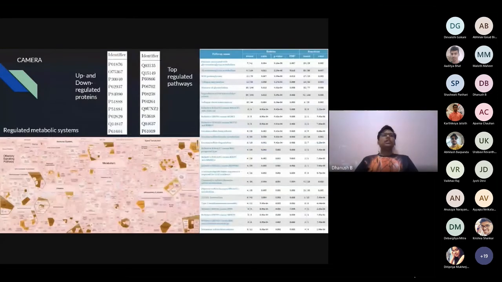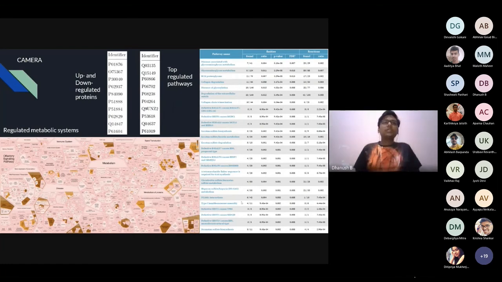And these are the protein IDs which were upregulated and downregulated. It gave the top 25 regulated pathways along with the image which showed the effects of these proteins in different metabolic systems.